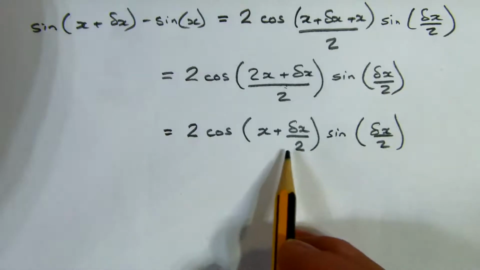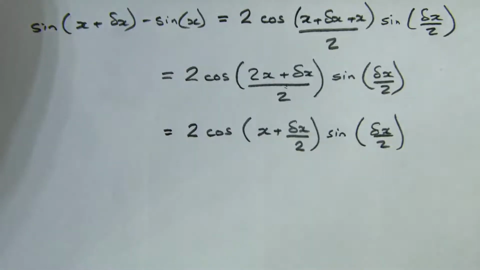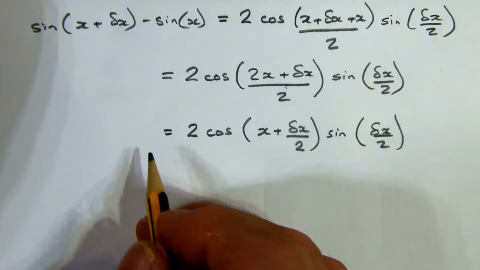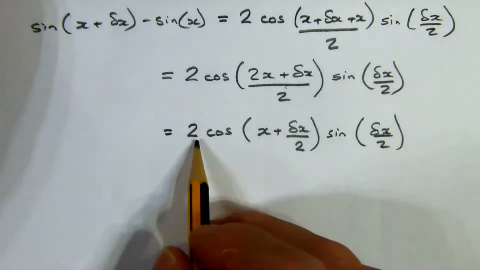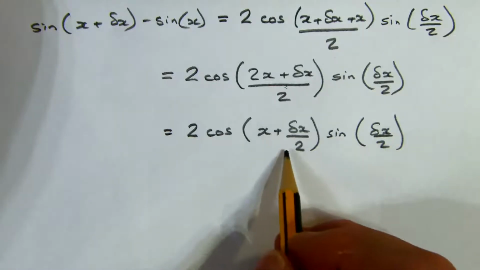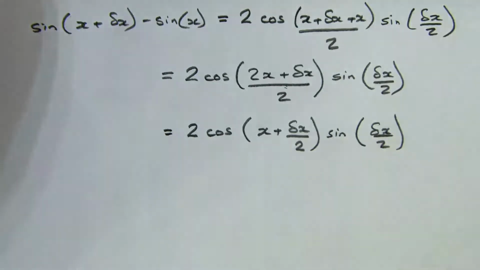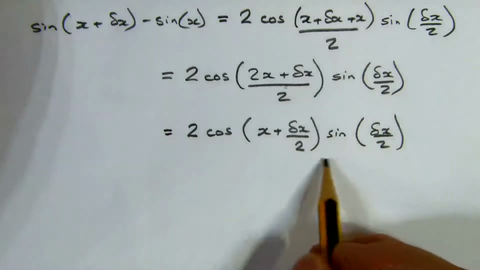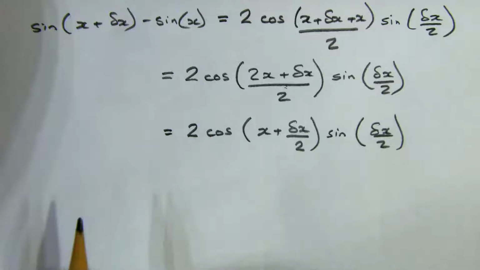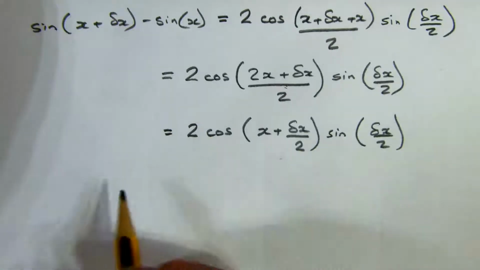Let's now try and look at the differential of this. So what we can do is look at this factor here of 2. Rather than multiply everything out by 2, let's do the opposite. Let's divide it by 2. And let's look at our differential.